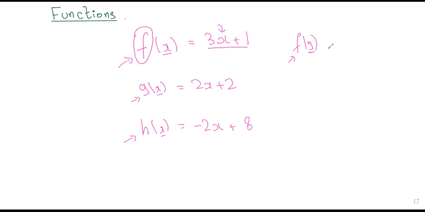So that would be 3y plus 1. If I say h of y, the variable would be y. So it would be any function that has y in it, right? So f, g, h are the names of the function. X and y are the variables inside the function. So this is the basic idea about functions.